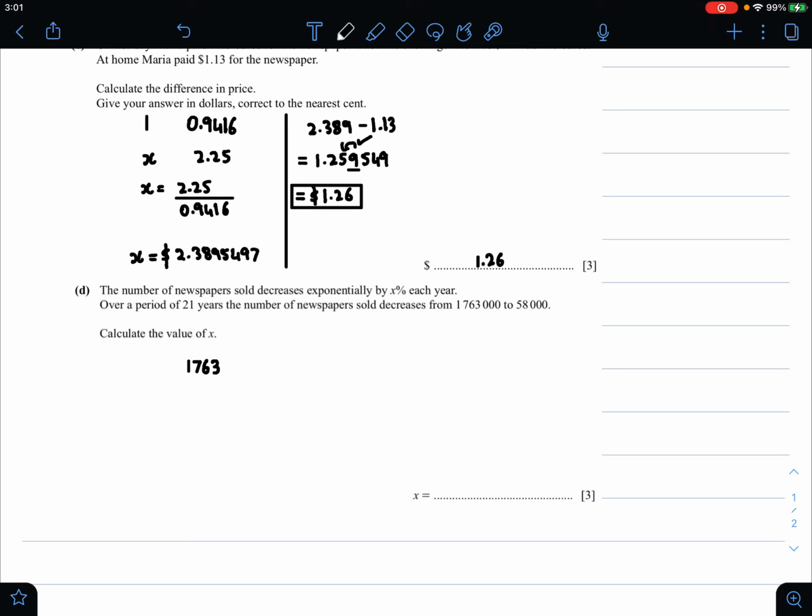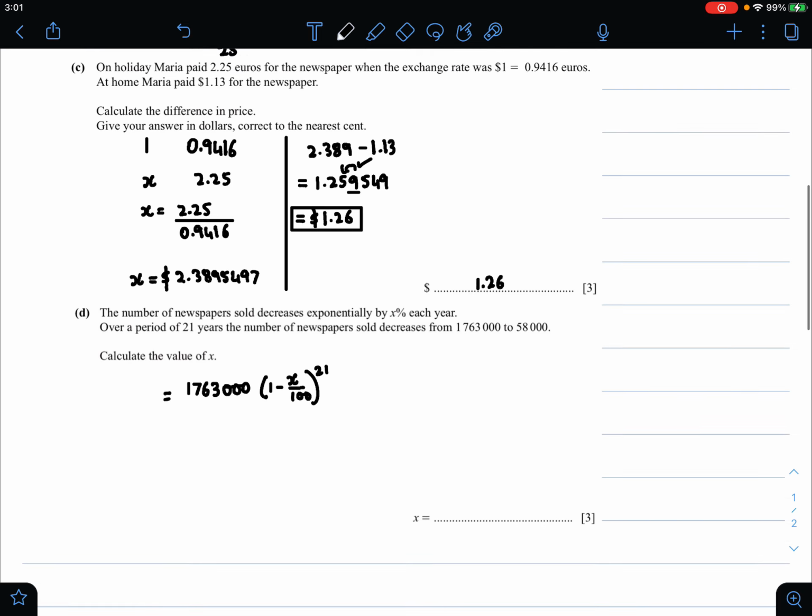So 1,763,000 would be your principal amount multiplied by, as I said, in this case it's decreasing exponentially, so your formula would be 1 minus r by 100, and in this case r, as they've given us, is x. So let's leave it as x raised to 21 years, and it is equal to 58,000.